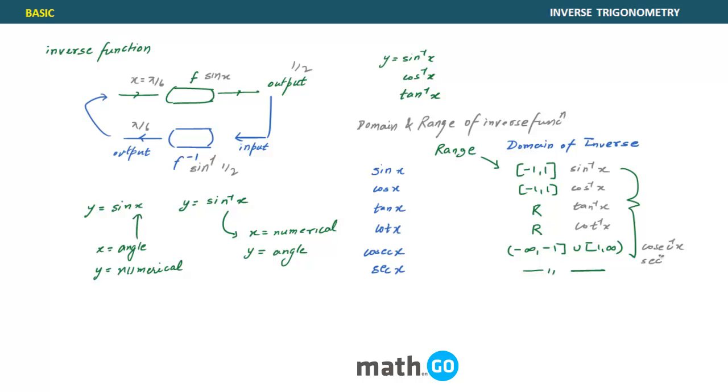But remember, the relation we used here is that the range of a normal trigonometric function (NT) is equal to the domain of the inverse trigonometric function. But it is not true that the domain of a normal trigonometric function is equal to the range of the inverse trigonometric function.